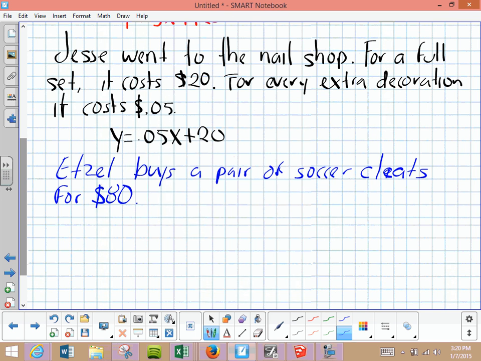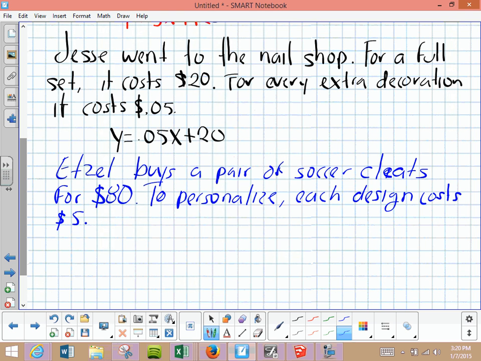But hang on, to personalize each design costs $5. That will work because if you kept it at that, you're basically just calculating the cost and taxes, right?